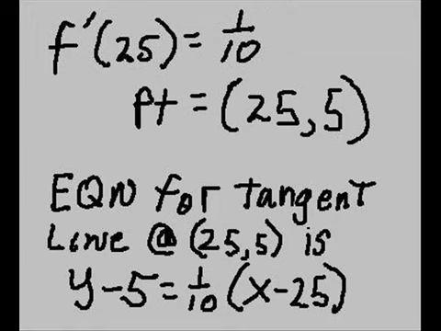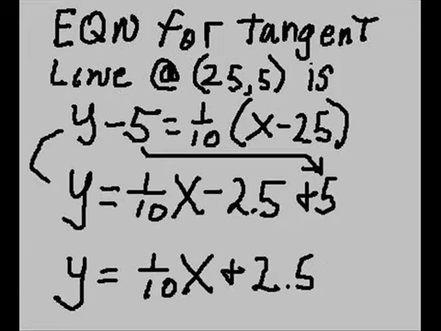So the equation for the tangent line at 25, 5 is y minus 5 equals m times x minus x1, 1/10 times x minus x1, the 25. 5 was the y1, 25 was the x1. Y minus 5 equals 1/10 times x minus 25.